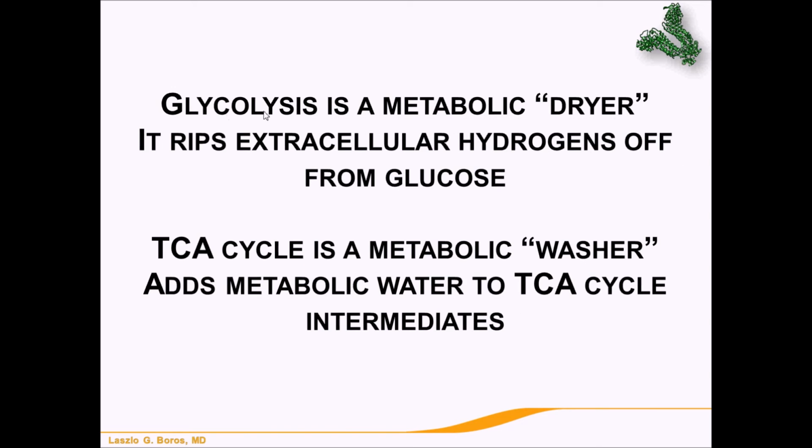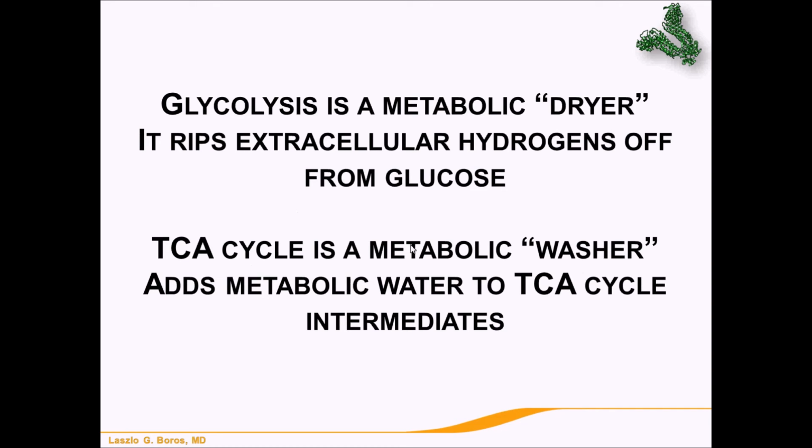So it seems that glycolysis is a metabolic dryer, and the ripping of extracellular hydrogens off of glucose seems to be a very important function of glycolysis. This is why it seems so complicated, but hopefully now it's simpler to understand.